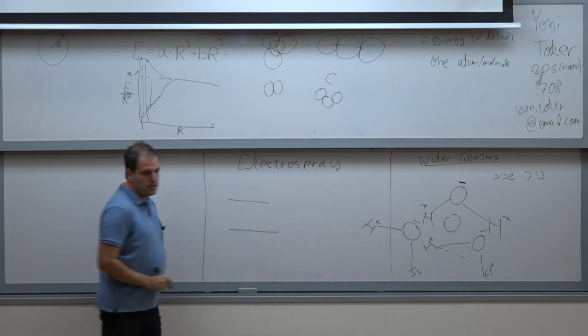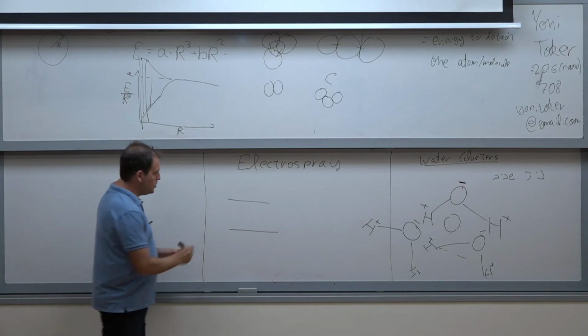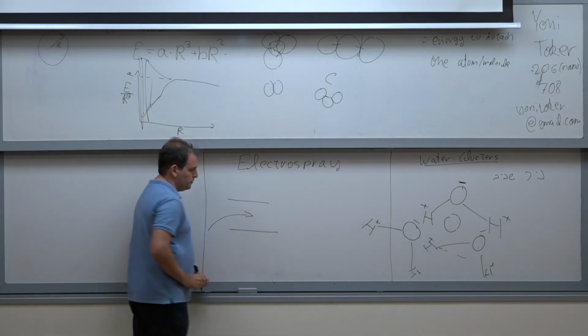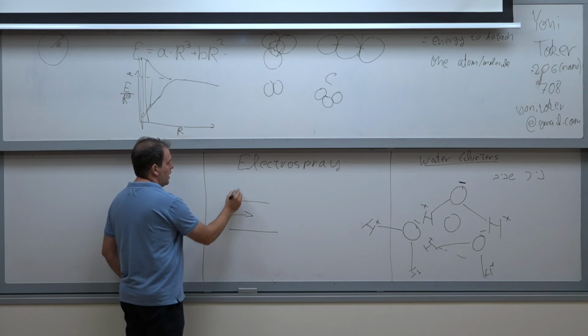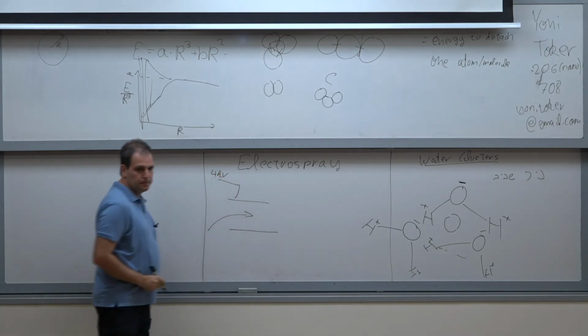The idea is you take a syringe and pass water through it, and then you apply a high voltage on it, like 4 kilovolts or something like this.